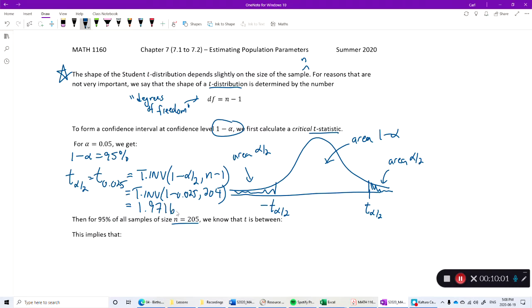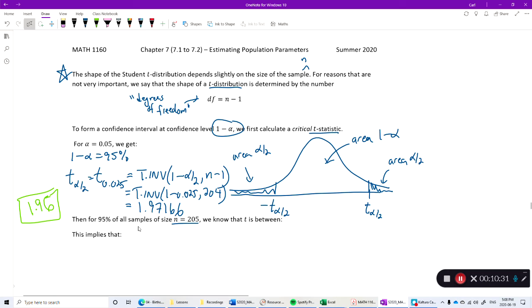So notice that if it was Z, we know that we've done it enough times that we know that for 95% confidence, the critical Z is 1.96. Here it's a bit larger, 1.97, and that's because the t distribution is a little bit wider. Okay, how do we proceed here?